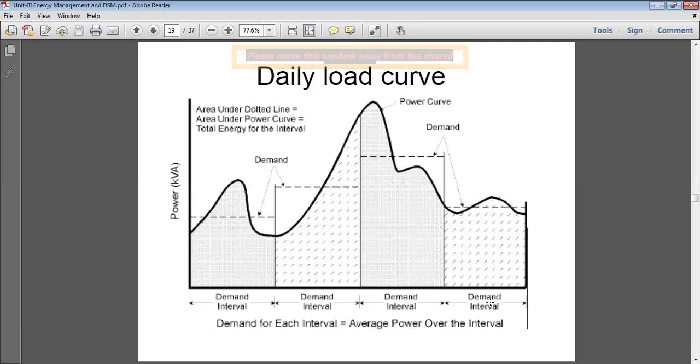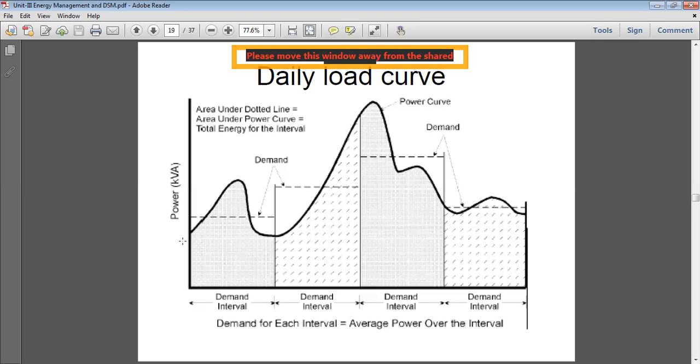Say this is the demand interval where we are going to measure the maximum demand with the help of a smart energy meter. It measures the maximum demand every 30 minutes. So suppose this is an interval of 30 minutes, this is the time axis and this is your actual power, maybe in kVA or kilowatt.